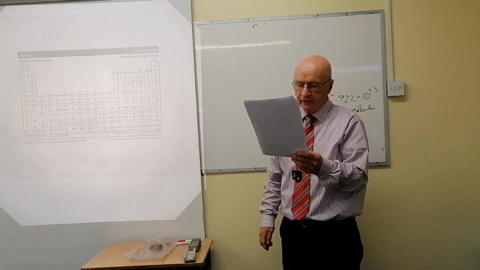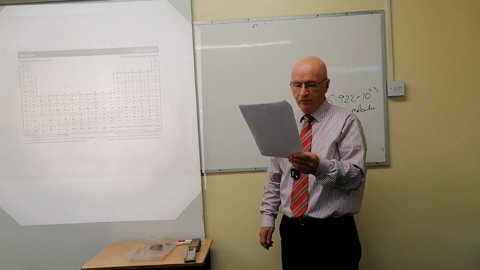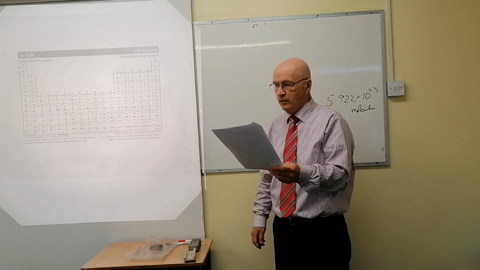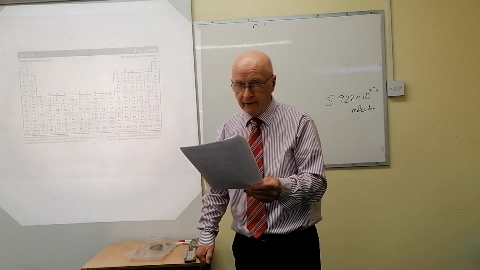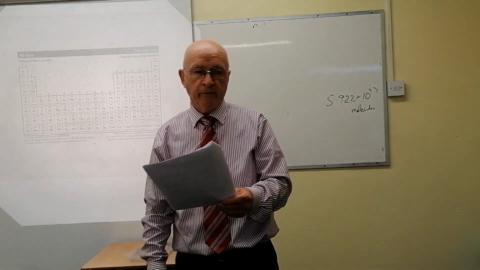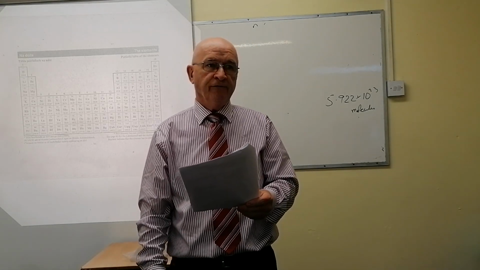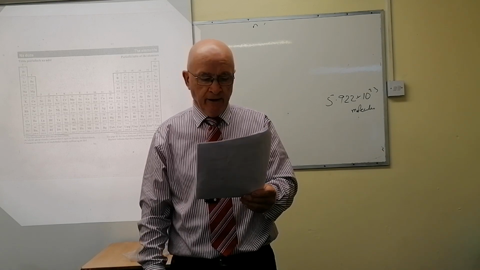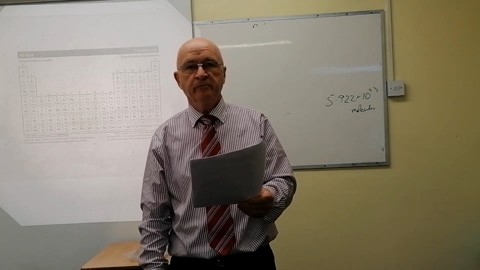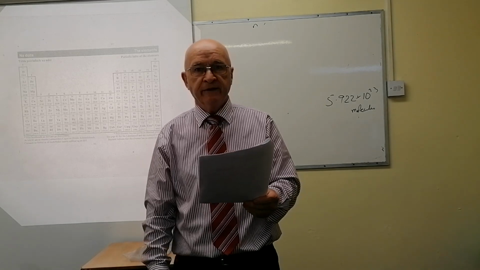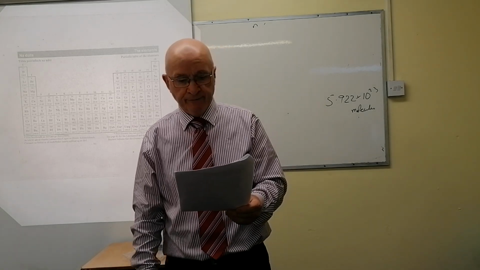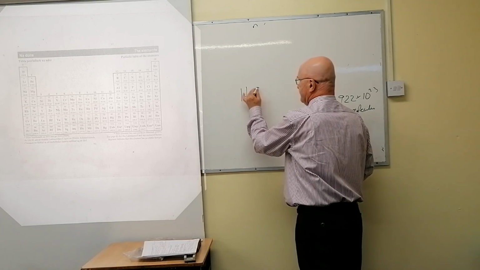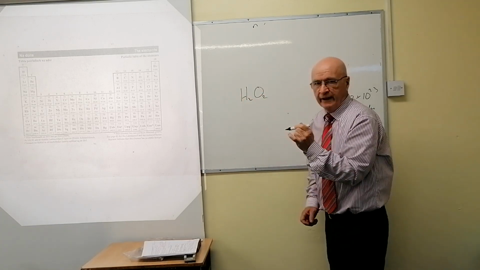Distinguish between empirical and molecular formula. Now, how are you feeling about that? Molecular formula is the actual number of atoms of each element present in the compound. Empirical formula is the simplest numerical ratio between the atoms of each element in the compound. For example, that's hydrogen peroxide, its molecular formula.